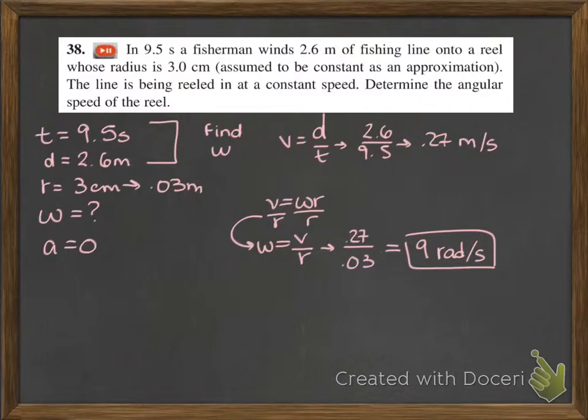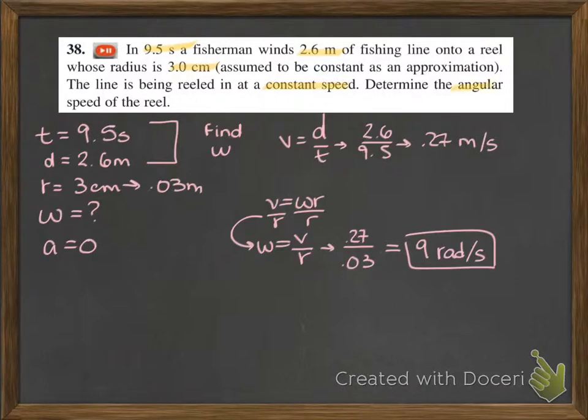In 9.5 seconds, a fisherman winds 2.6 meters of a fishing line onto a reel whose radius is 3.0 centimeters. What I like to do is highlight all the givens to remember them and write them down. The radius is assumed to be constant as an approximation. The line is being reeled in at a constant speed.